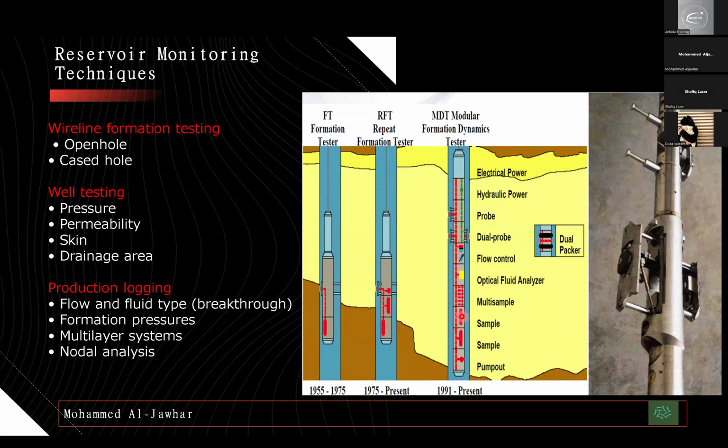Why do we run these tools, for instance? What information is expected after running these tools? Is it formation pressure? What is the multi-layer system you can have? What is the nodal analysis after you do the production logging? For well testing, for instance, are you looking for the pressure, permeability, the skin, and drainage area?